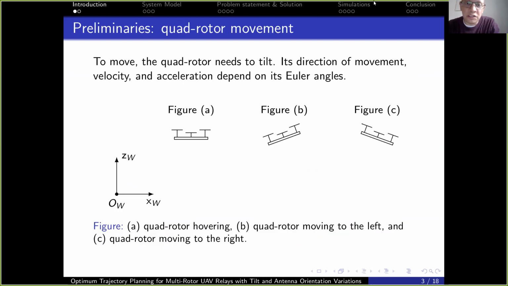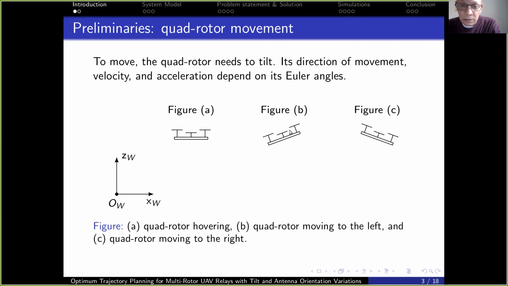Before jumping into discussing the main core of the paper, let us consider quickly how quadrotors move. If the quadrotor has to hover, then the platform is horizontal, and this is obtained by making this propeller and this propeller produce the same thrust.